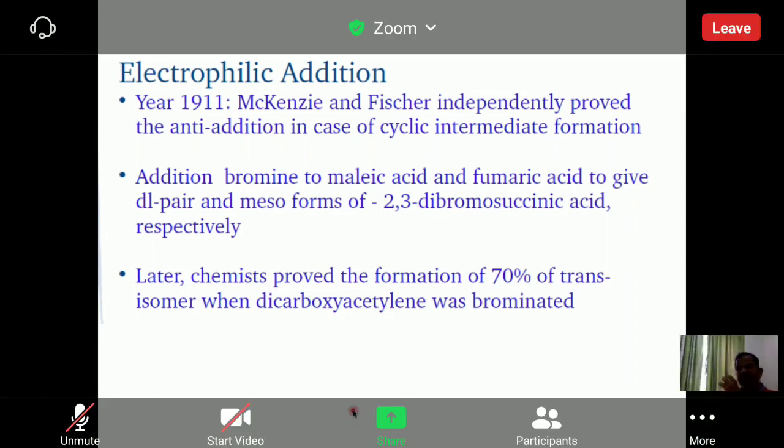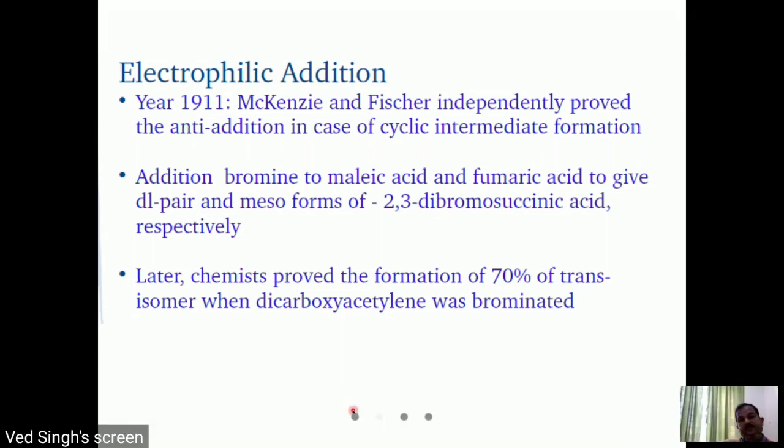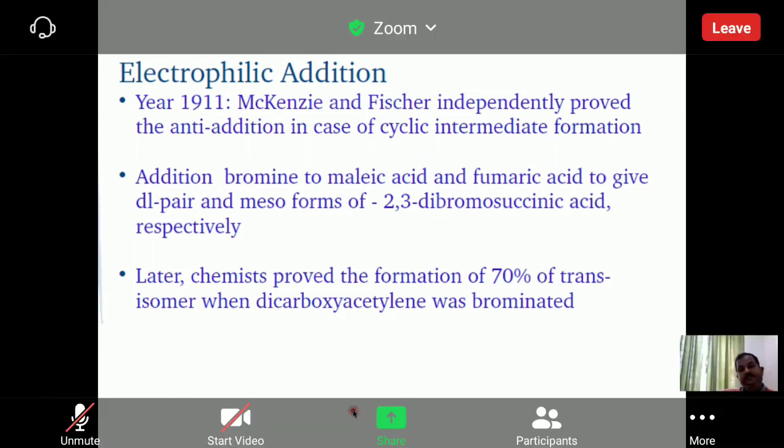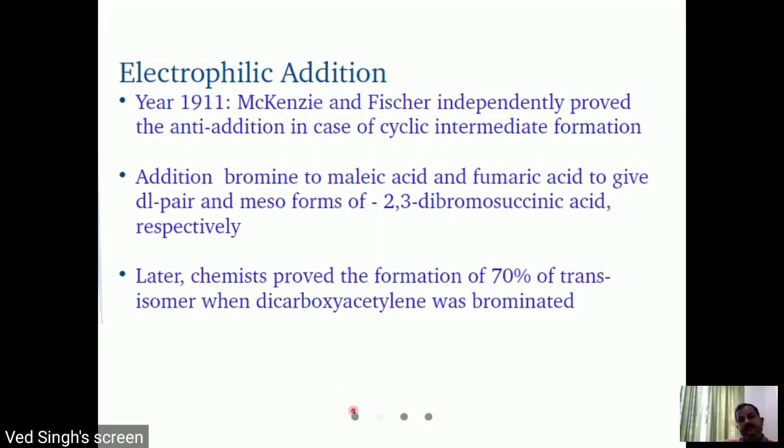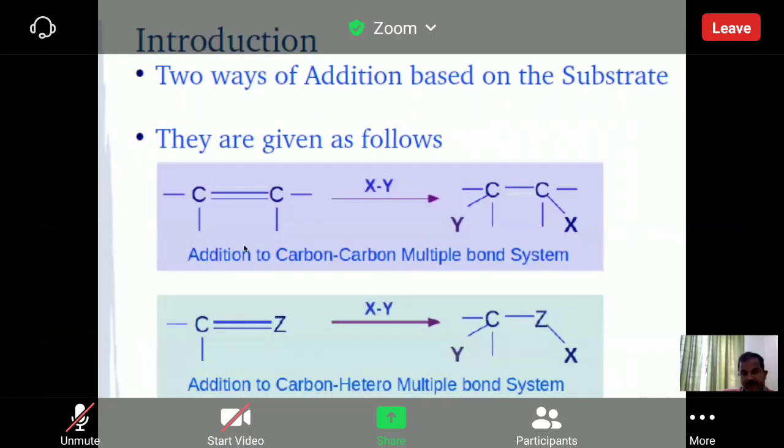This is maleic acid, as all of you know, a C4 dicarboxylic acid having a double bond. So how will bromine react? This is bromine. The bromine bond will break, then there will be a partial positive charge and a partial negative charge. Now this is having a partial positive charge, so this is the electrophile.